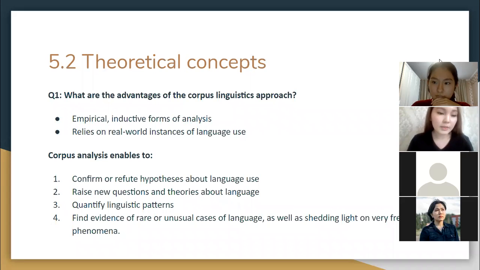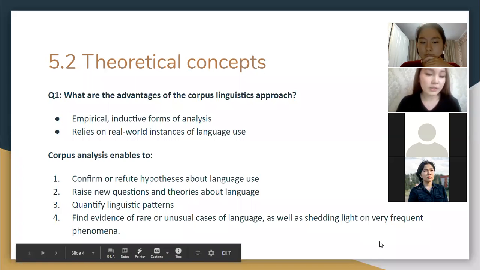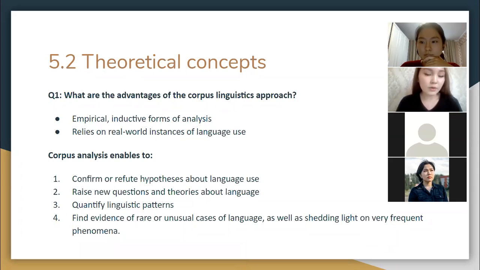And the other advantage is that it can enable researchers to quantify linguistic patterns, providing more solid conclusions to be reached.